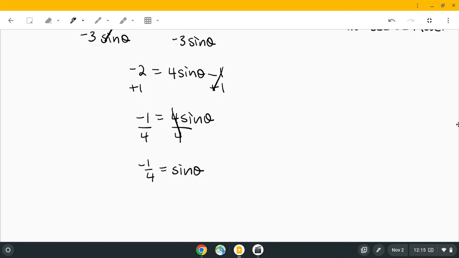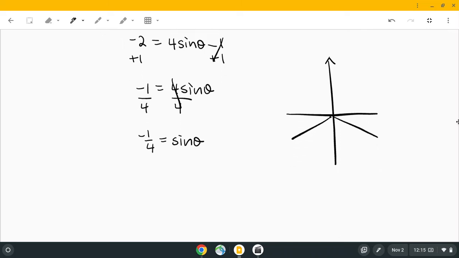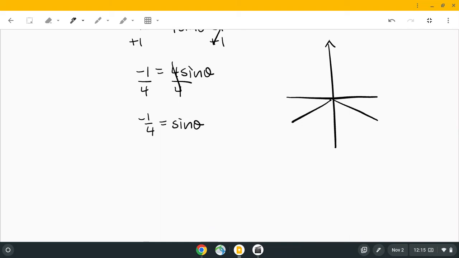Okay, so here, that tells me that I want the angles where sine is negative. So that would be here and in here, okay? And it has to be somewhere between 0 and 360. Okay, so use the calculator. Make sure you're in degree mode. So when you do this, you're going to do sine inverse of negative 1/4.